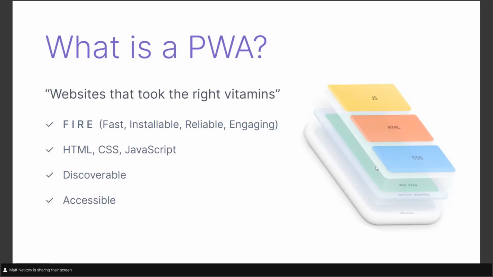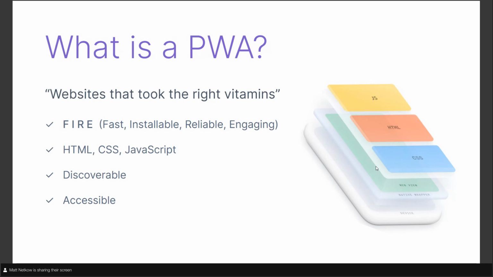They're reliable, so they work offline and across all different types of experiences. And of course, they're engaging. You have modern APIs, modern web features that you can build, and they keep your users active with things like push notifications and other techniques to keep them engaged and happy using your software.